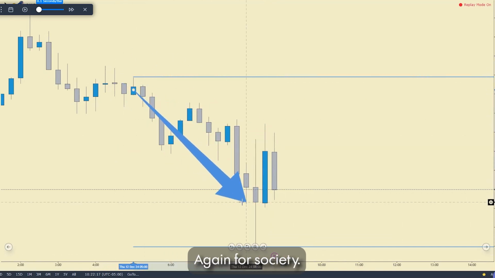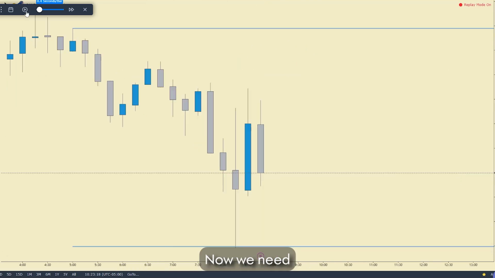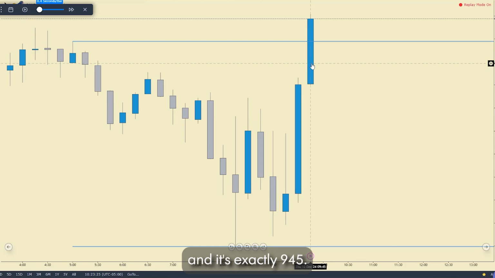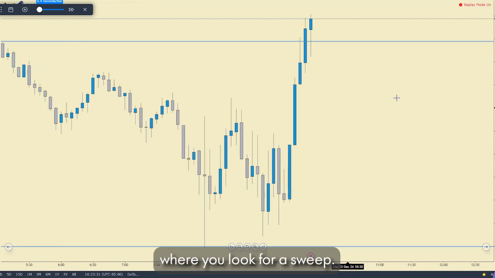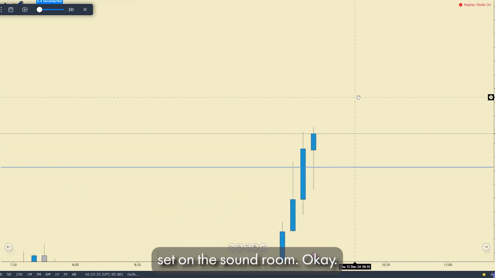For our CRT, we need price to make a sweep of either the high point or the low. Now we need the sweep of our candle range. So you get our sweep and it's exactly at 9:45, so it's still within that time range where we usually look for a sweep. Now we're going to monitor the 5-minute time frame and look for a changing state on this time frame.